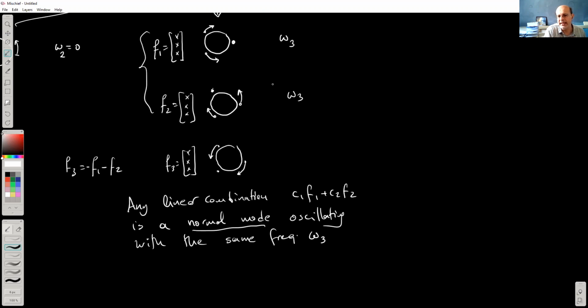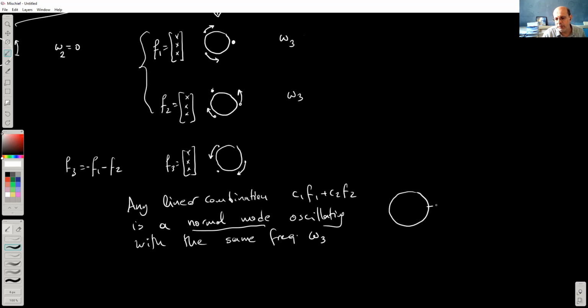So I can count the normal modes corresponding to that frequency as this mode plus that mode, but somebody else might count them as this mode and that mode or whatever. So there are many different ways of expressing these two normal modes in here, whatever you choose. So let me just show it symbolically like that.